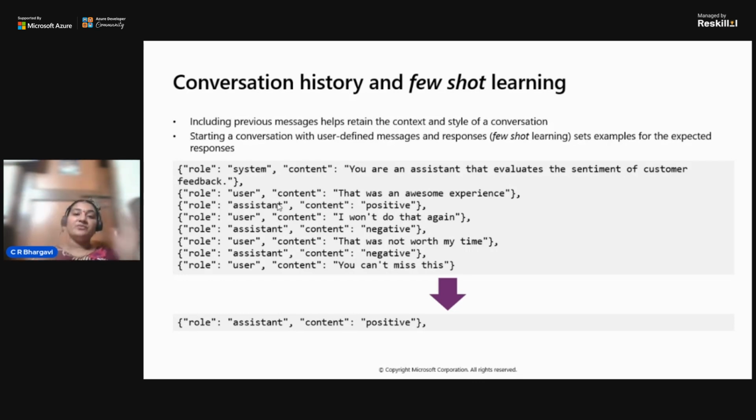Few-shot learning is when you give multiple examples, and if the model gets trained with those examples, that's called few-shot learning. When you train with the conversation history, you get an option for the same.